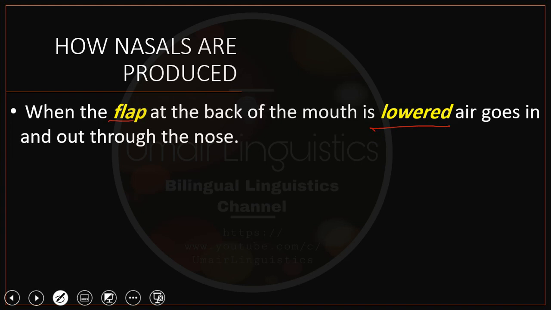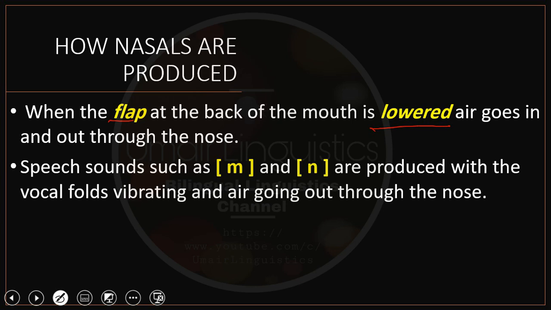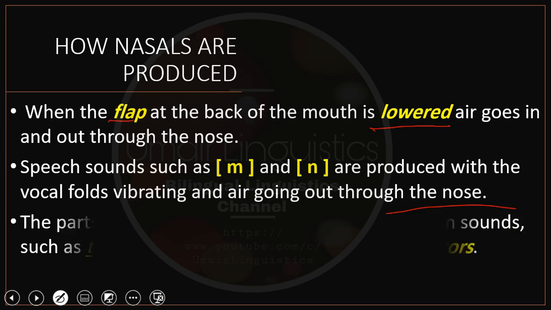For example, if you are silent and breathing with your mouth closed, in this position your flap is lowered, and in the same position we produce nasal sounds like m, n, ng, and these are all voiced sounds because the vocal folds vibrate and air goes out through the nose.